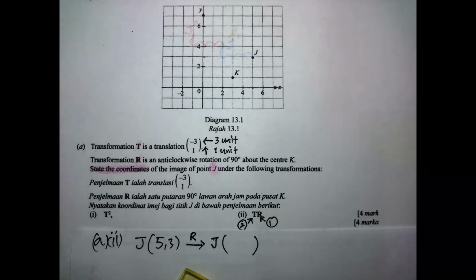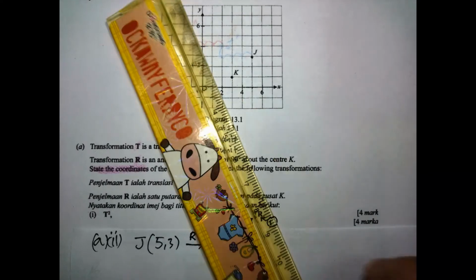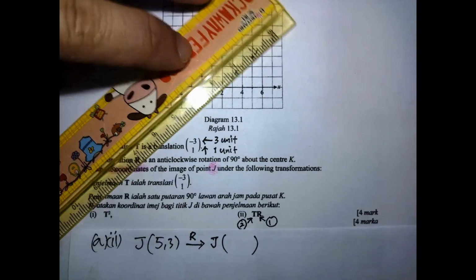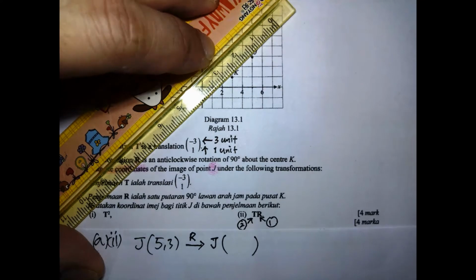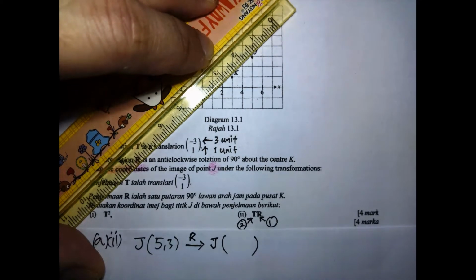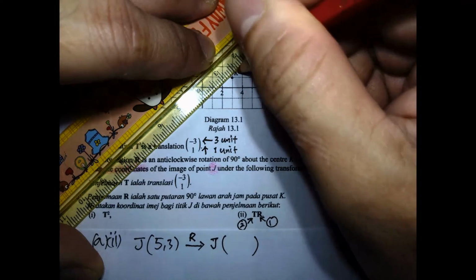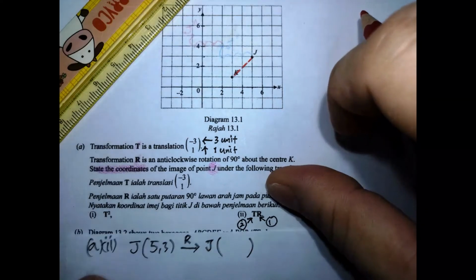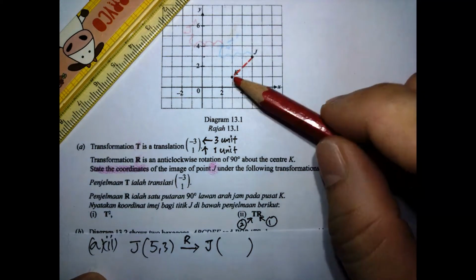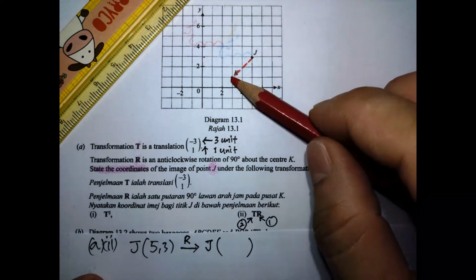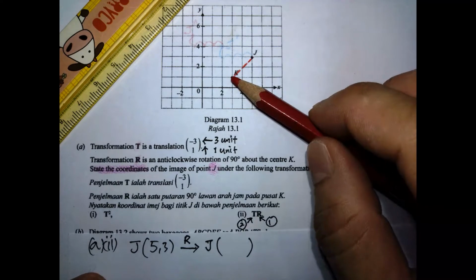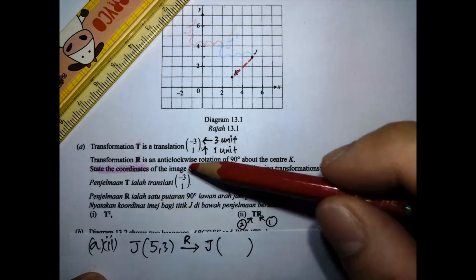What you do is you link these 2 points together, J and K. J will move, K is the center. Center never moves.